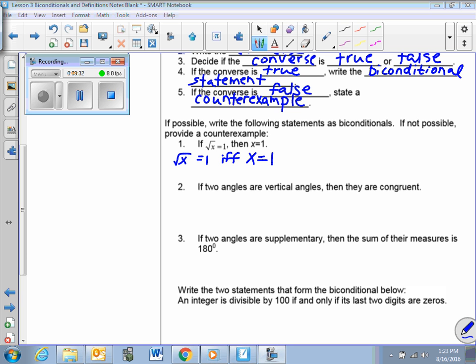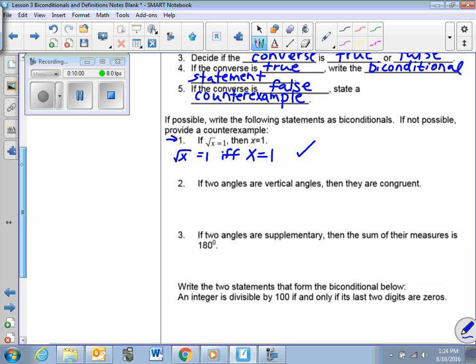All right, so let's think of this the other way. If we say x equals 1 if and only if the square root of x equals 1, is it true that way? Or we could think of the converse: if x equals 1, then the square root of x equals 1. The conditional is true, the converse is true, so this is a good biconditional statement.